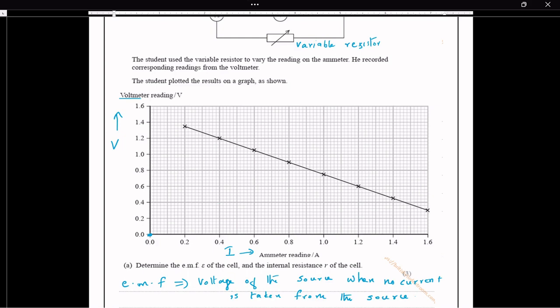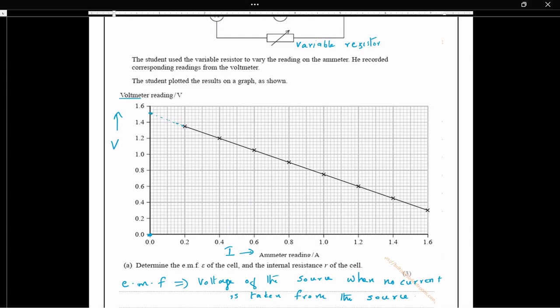That is the EMF. To find it, you use a ruler and extend the line backward. Please do it with a ruler and make it a straight line. This is the y-intercept I'm getting.